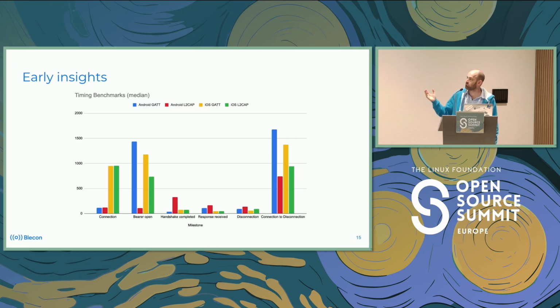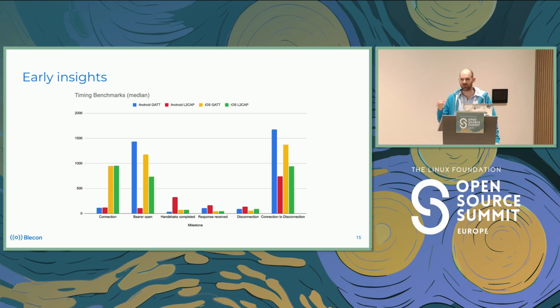And then you have weird things where, if you look at the second column, "bare open" is when can I begin to send data? So for instance, if you're using GATT, that means after you've discovered all characteristics from your service and registered any notifications and things like that.